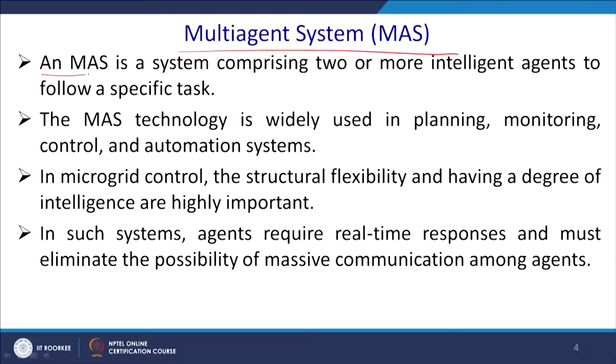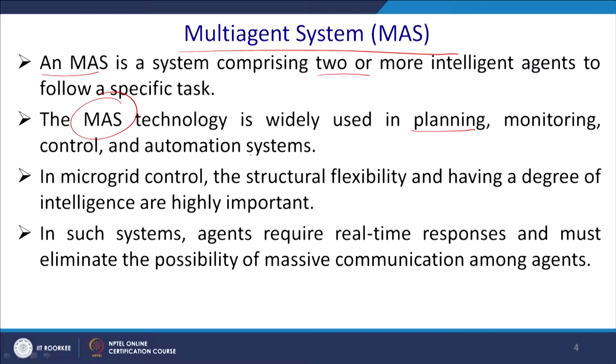The MAS, that is the abbreviation of multi-agent system, comprises 2 or more intelligent agents followed by a specific task. Multi-agent systems technology is widely used in planning, monitoring, controlling and automation systems.